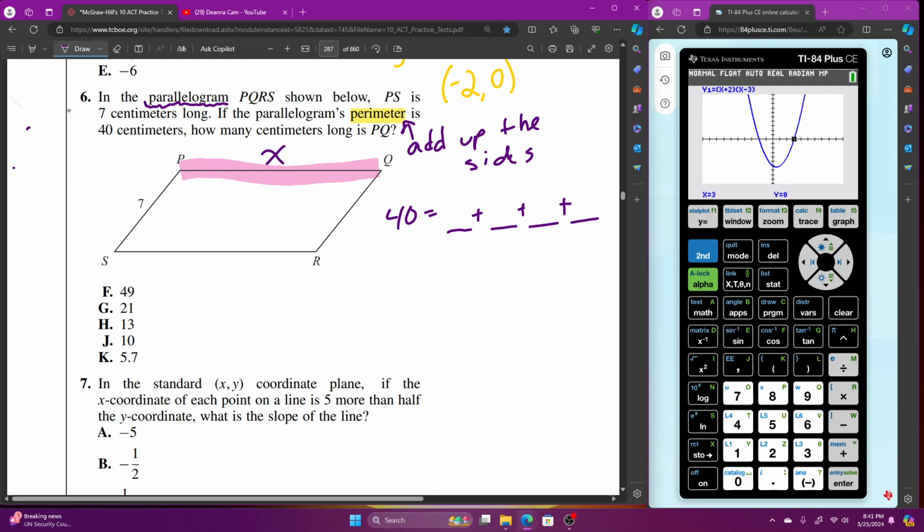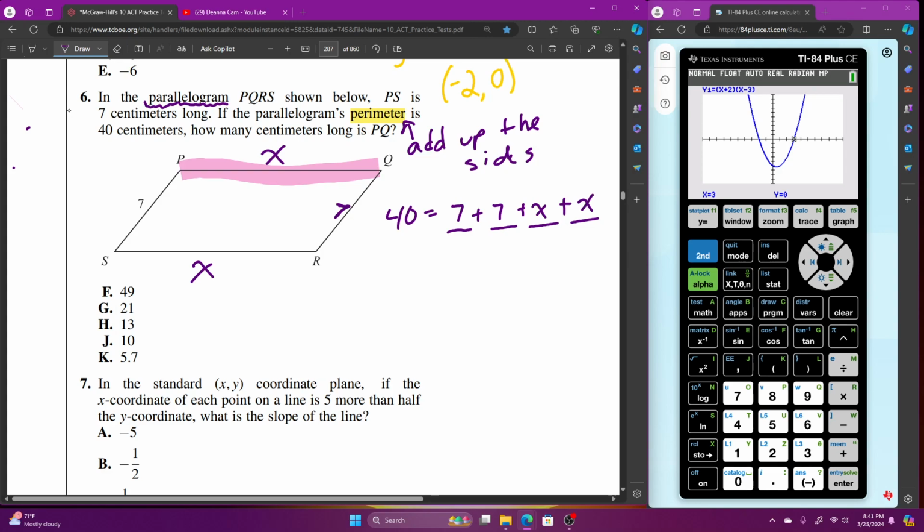They look the same, they're the same. A lot of times on these standardized tests, if stuff looks the same, it's the same. Don't overthink it. So if this side over here is 7, this one's 7. If this side up here we're calling X, this one down here we're also going to call X. So 40 equals 7 plus 7 for those 2 sides, and X plus X.